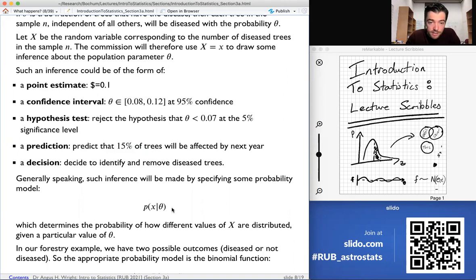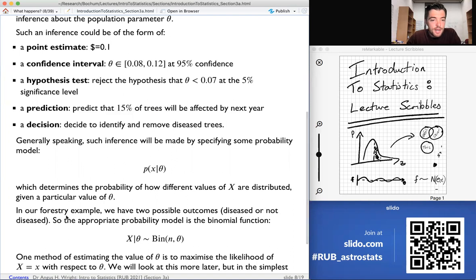And so this thing forms a likelihood. It forms the probability distribution of seeing the true number of observations of data given a set of different values of the possible model, theta. In our forestry example, there are 2 possible outcomes for every single observation, because the trees are either diseased or not diseased.